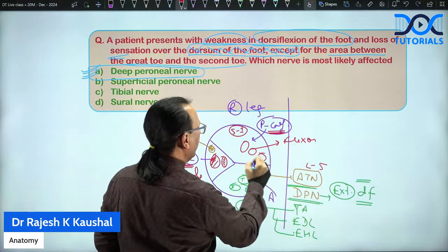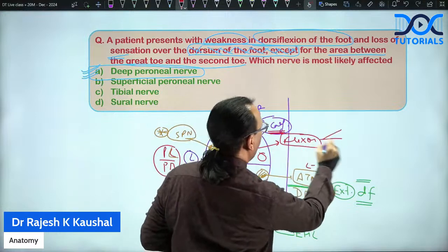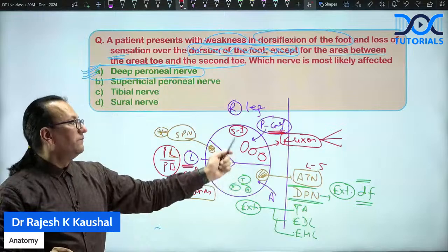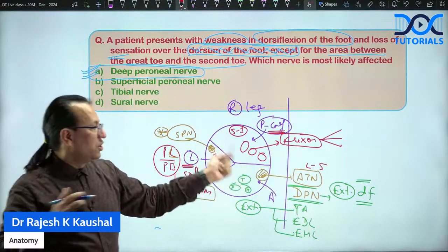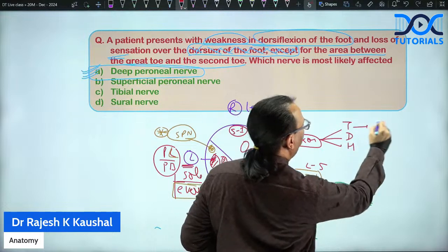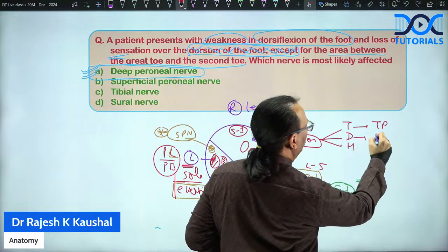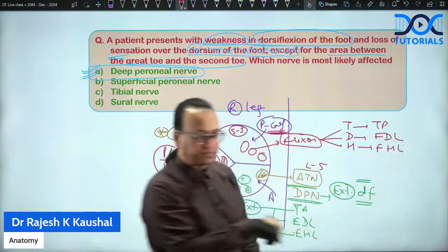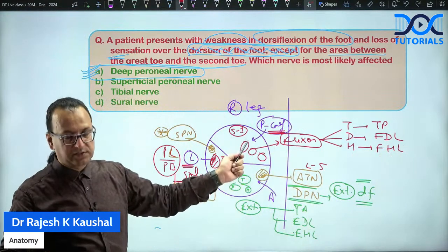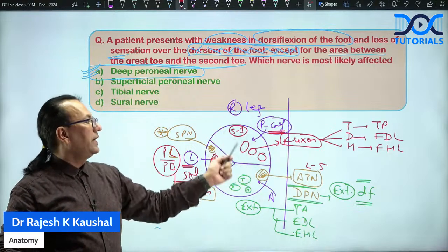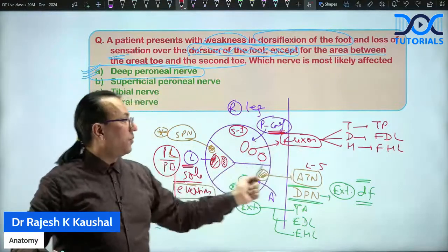They are the mirror image, behind the tibia: tibialis posterior, flexor digitorum longus, and flexor hallucis longus. If they are extensors in front, they are flexors behind. Anterior leg, extensor compartment. Posterior leg, flexor compartment.